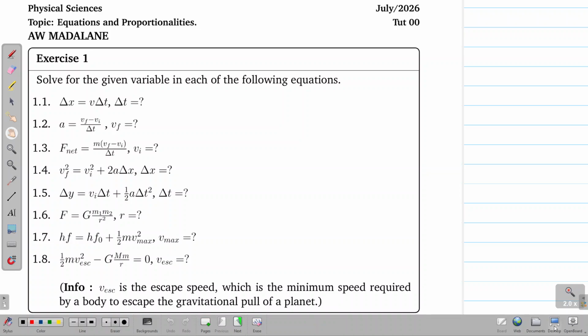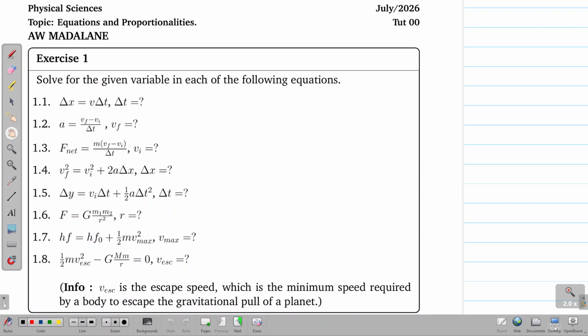So all you have to do here is to solve for the variable that has a question mark. For example, in 1.1, delta x is v delta t, so you just solve for delta t. And for 1.2, a is v final minus v initial over time, delta t, and then you just solve for v final.